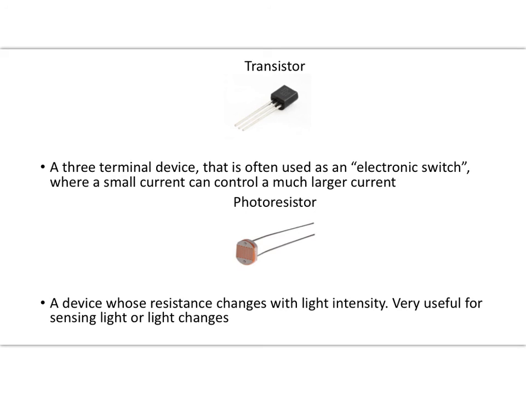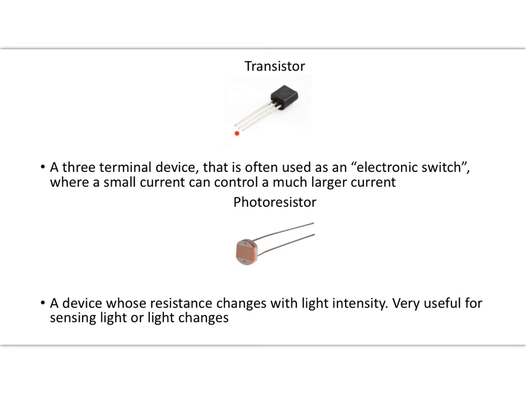Two more devices that we'll be using quite a bit are a transistor and a photoresistor. The transistor, again, is a 3-terminal device, and as we say down here, it acts as an electronic switch.